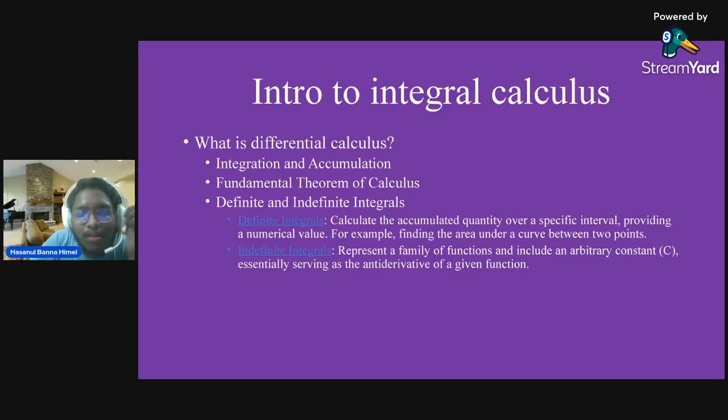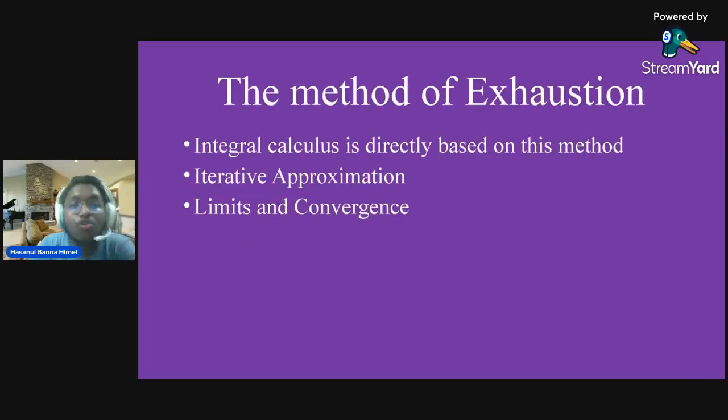So now we're at the concluding topic for today's session, our calculus for AI and ML day one. It will be the method of exhaustion.